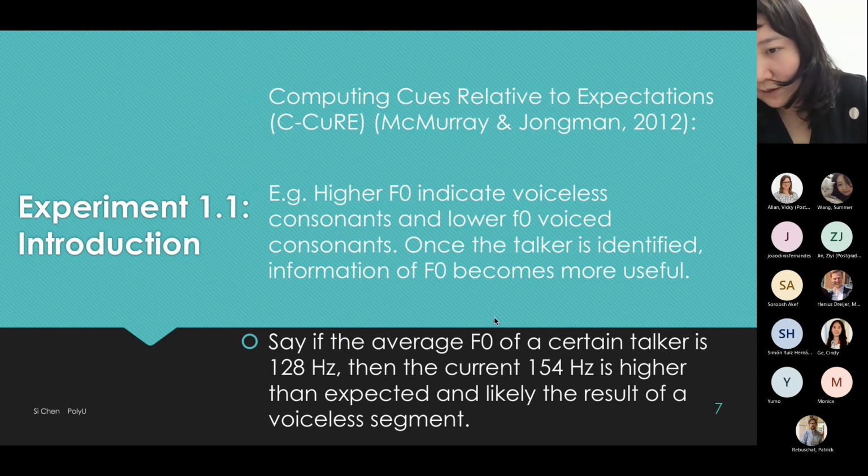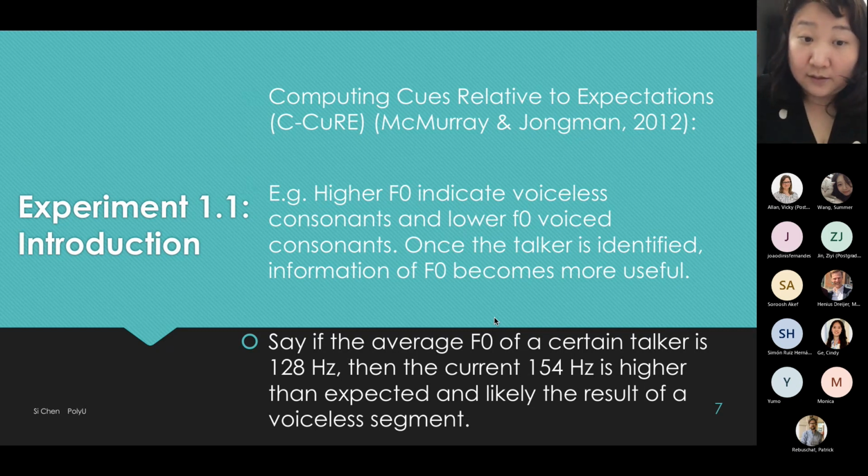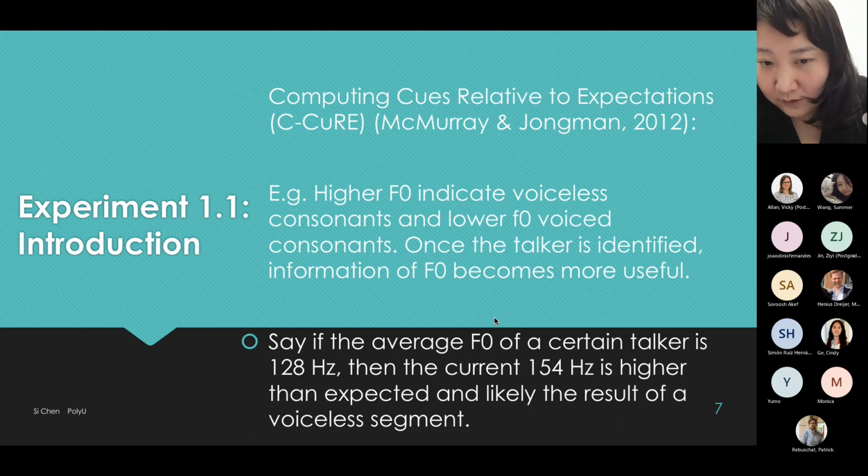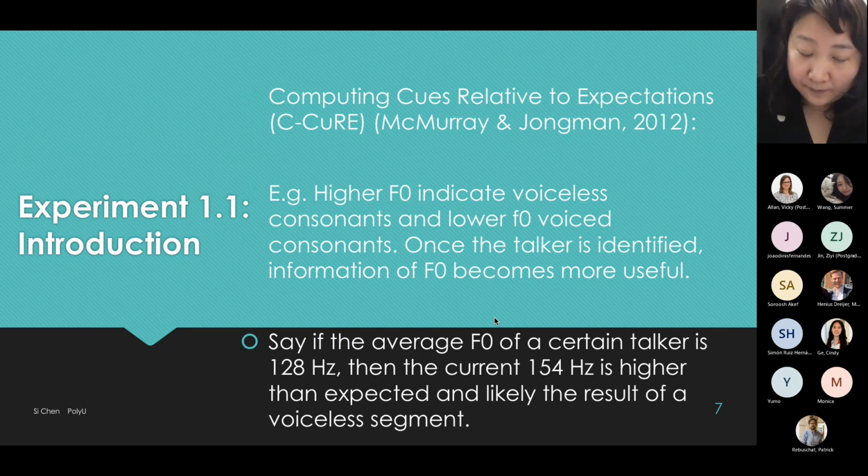Say if the average F0 of a certain talker is 128 hertz, and then you have an incoming signal of 154 hertz, then you know that this is considered higher F0 than the average. So then you expect higher F0, and higher F0 usually indicates voiceless consonants. So then you can judge that probably the incoming signal is more likely to be a voiceless segment. So this is the model.